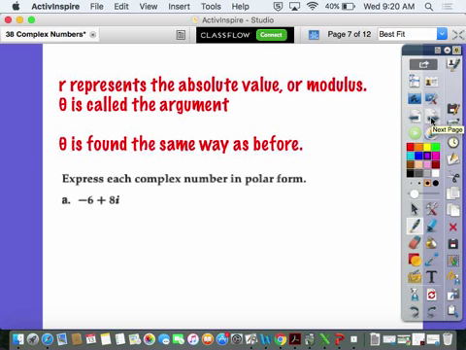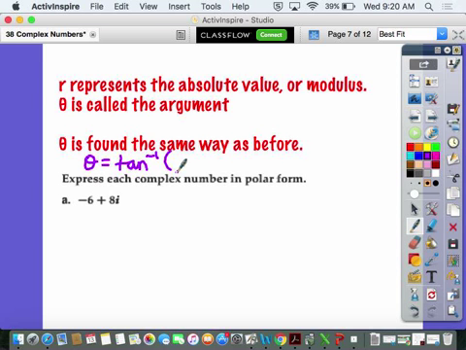So r represents the absolute value or the modulus. That's another word for the r when you're going from a complex form to polar form. Theta is called the argument, and theta is found the same way that we found it before. Who remembers how we found theta just last week? Inverse of tangent.